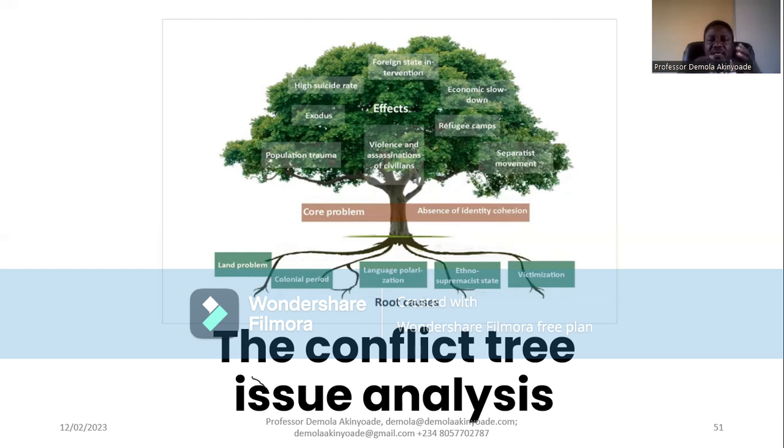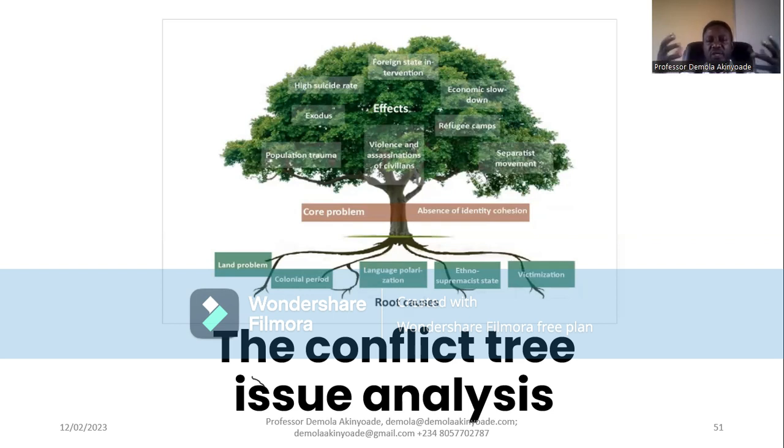Conflict tree represents issues in conflict using the metaphor of a tree, using the symbol of a tree. A tree has 3 major parts: the roots of the tree, the stem of the tree, and then we have the leaves and the fruits and the flowers of the tree.